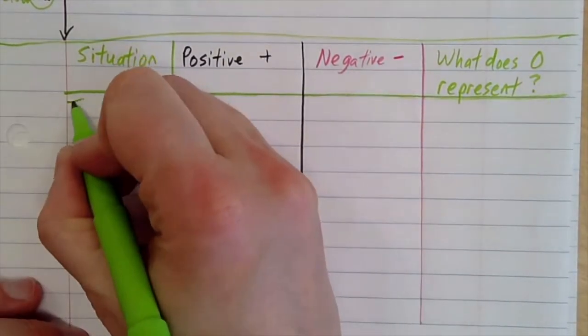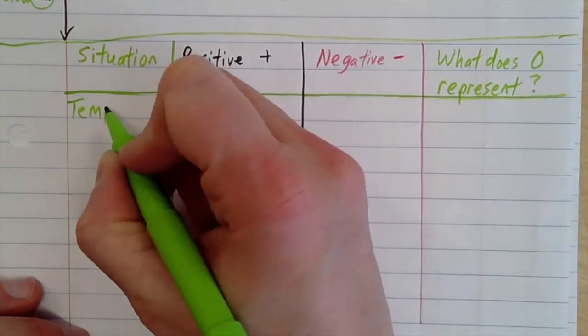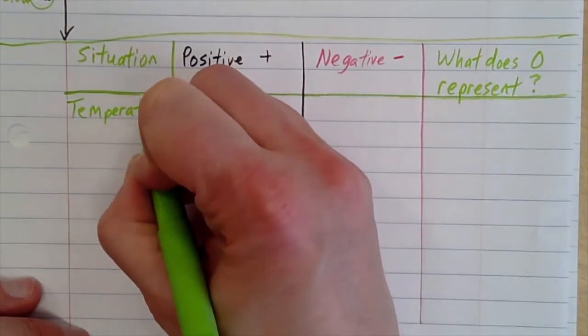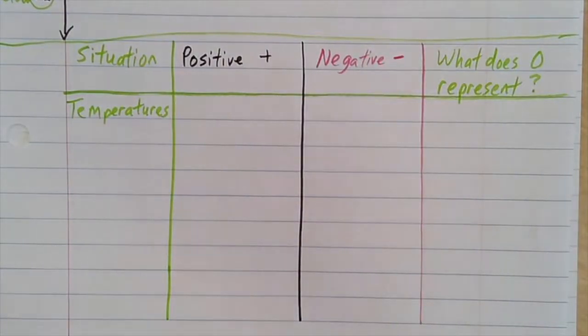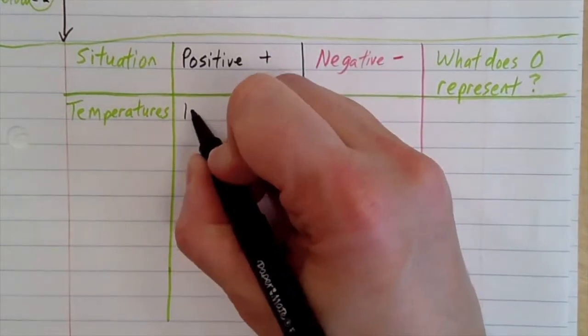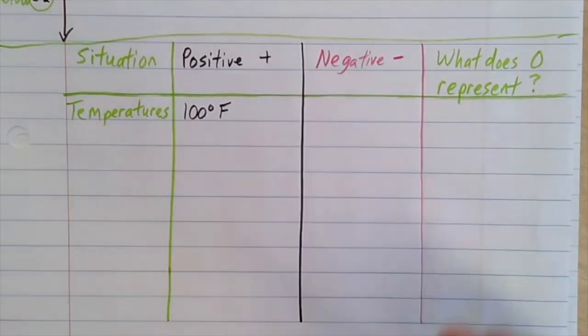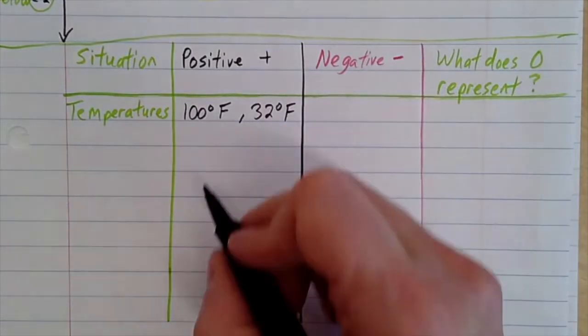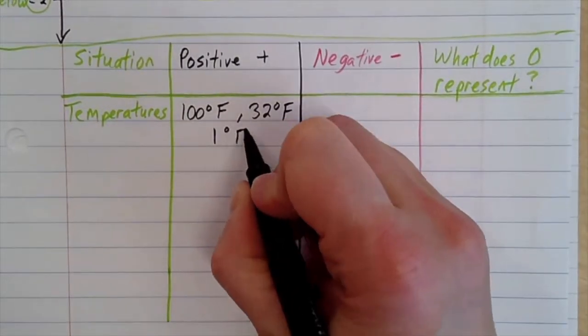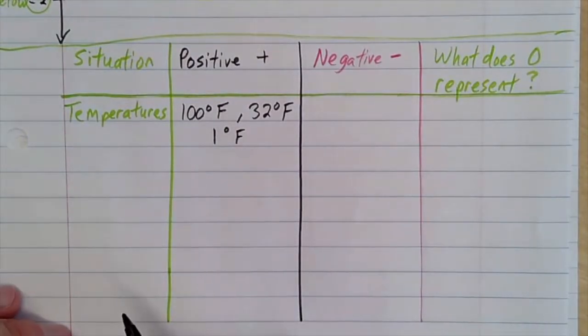So when you have temperatures, temperatures can be positive and negative. So if I do positive numbers like temperatures, you could have 100 degrees Fahrenheit. That's a positive number. You could have 32 degrees Fahrenheit. That's a positive. You could have 1 degree Fahrenheit. Those are all positive numbers there.